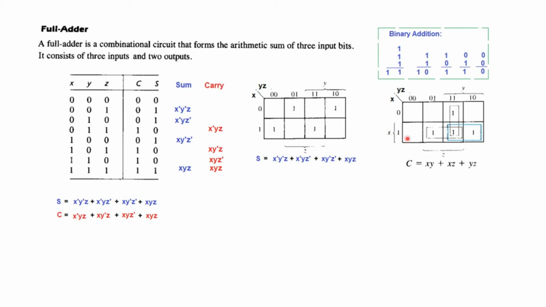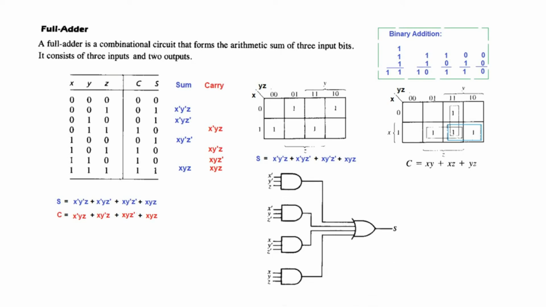So x common from this side and y from here, so it is xy. So this is a simplified form. So the carry function has been simplified. Instead of 4 gates, we are using 3 gates, and that too here the gates were 3 variable gates. Here we are just using 2 variable gates. So that is the benefit of using K-map for final design.